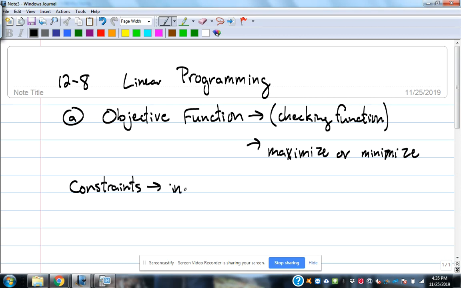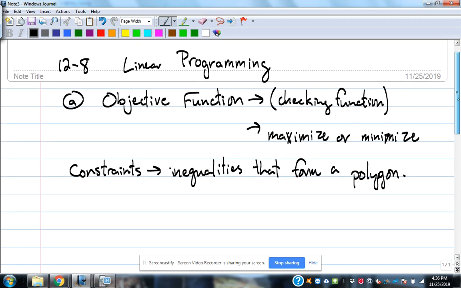Constraints are inequalities that form a polygon. Remember back in geometry, a polygon is a closed figure. It has corners, called vertices. These constraints are inequalities that are graphed, so it's a bunch of inequalities that create this polygon, and we use the corners to maximize or minimize the objective function. They'll tell you which one to do.